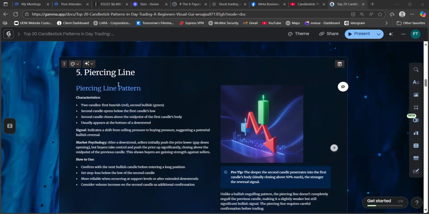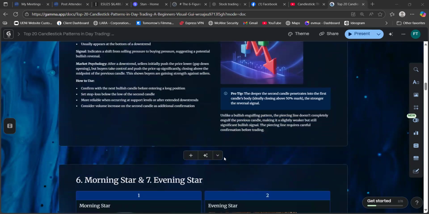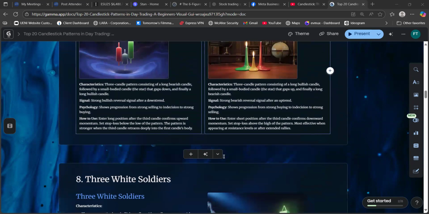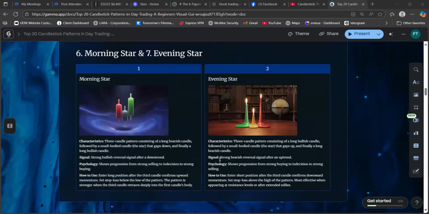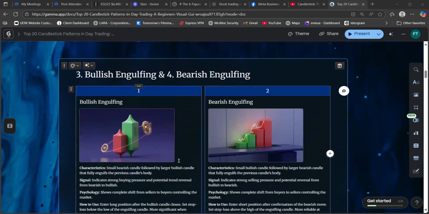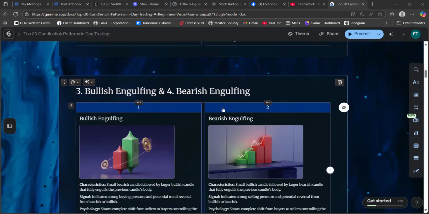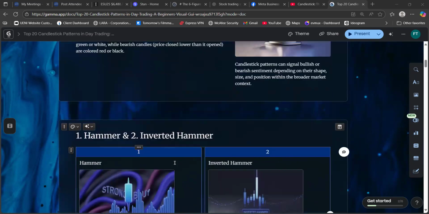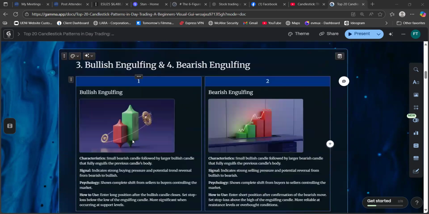Some of these patterns are a little more difficult to see, but these are the main ones I suggest you study: the morning star and evening star, the bullish engulfing and bearish engulfing, the hammer and the inverted hammer.